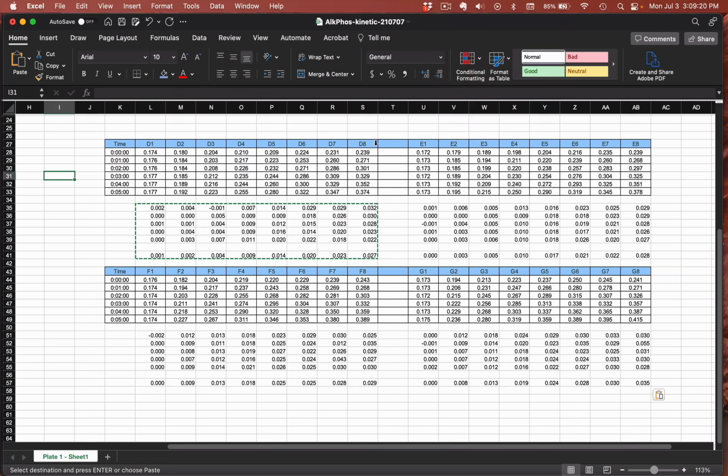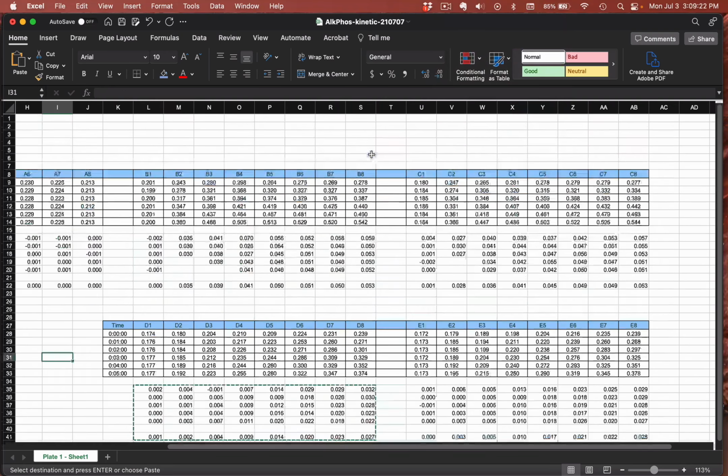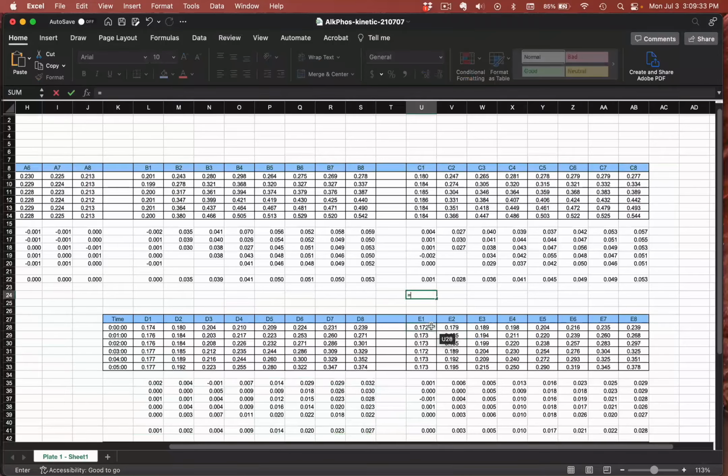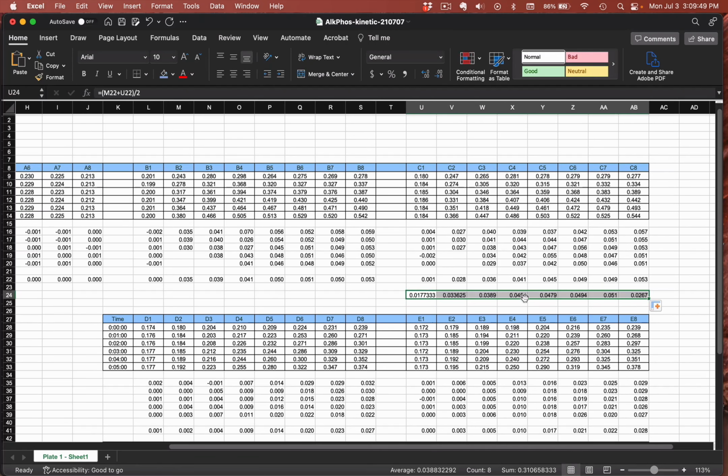Okay, so at this point, we're now going to average these values together. So I'm going to basically say equals this plus this divided by 2. And then I will drag that across here to get the average values for each of these. And then I'm going to copy that.